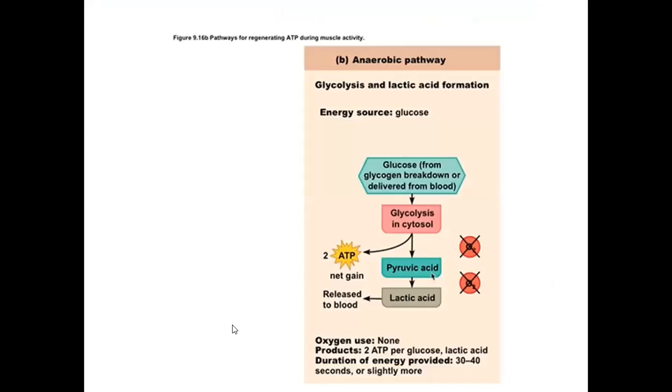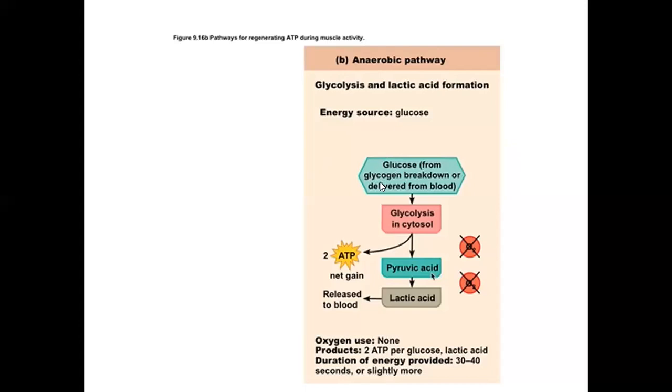So in summary, with the anaerobic pathway, the glucose comes from the glycogen, because at this point you are compressing and cutting the blood supply to the muscles, and therefore we really have to rely on what is inside the cell.